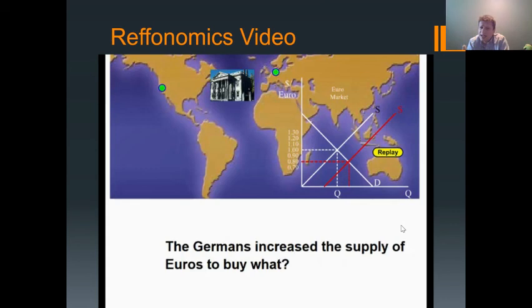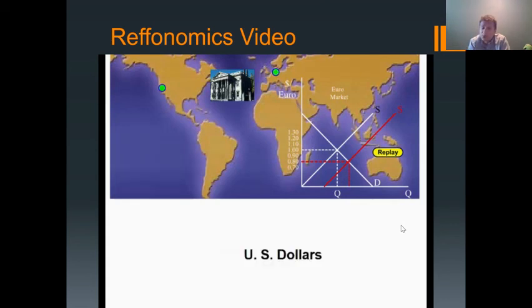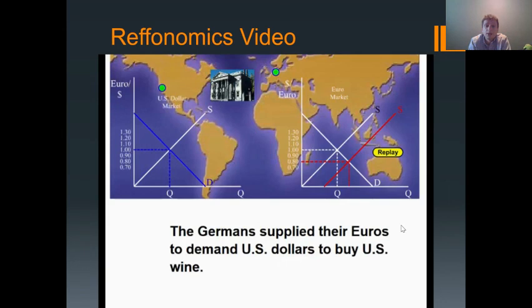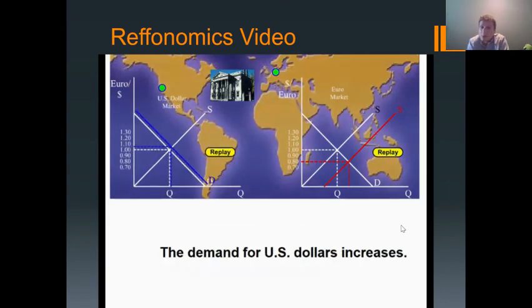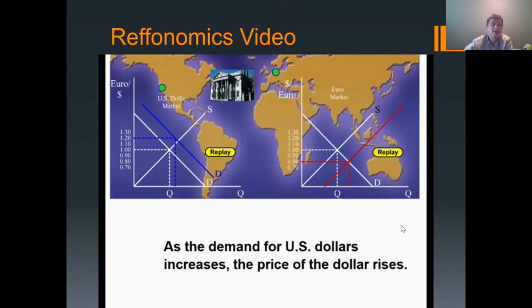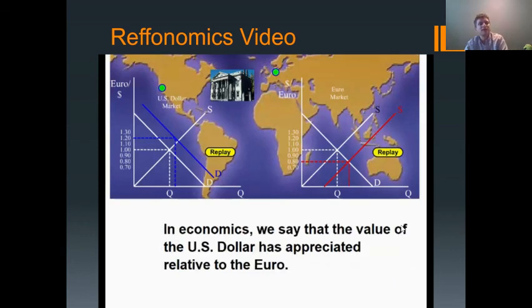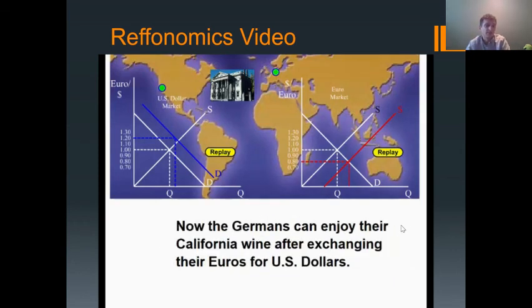They increase the supply of euros to buy what? US dollars. So if the Germans supplied their euros to demand US dollars to buy that wine, then demand for US dollars has increased. As the demand for US dollars increased, the price of the dollar rises. That means it's appreciated relative to the euro. Now those Germans can enjoy their wine after exchanging the euros for dollars.